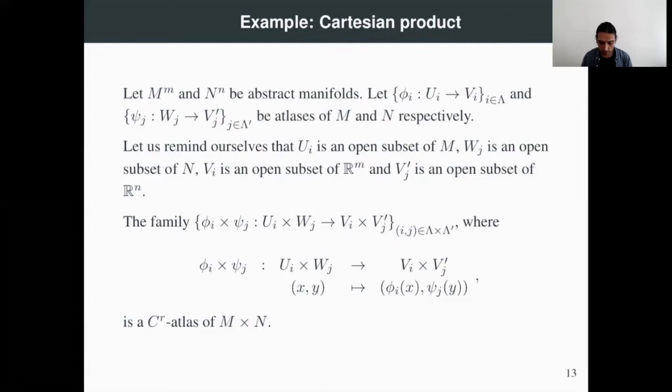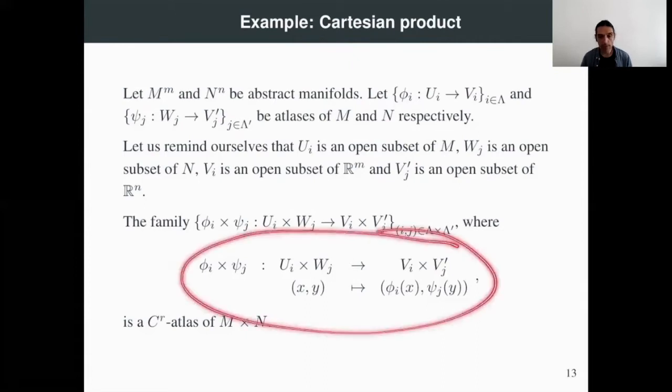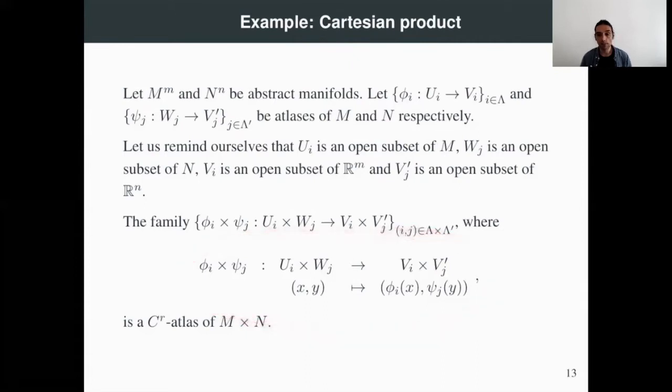So this map over here is going to be a homeomorphism, but it's going to be much more. It's going to be a C^r atlas of the Cartesian product. And the proof, I'm going to leave to you as an exercise because it's really, really simple.